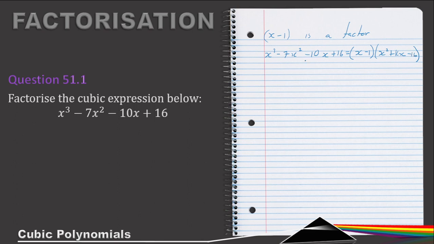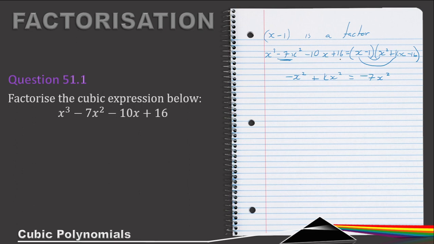Right, now we are multiplying those two together, and that should give us the original. So minus x squared, this and this, plus kx squared should be equal to minus 7x squared.